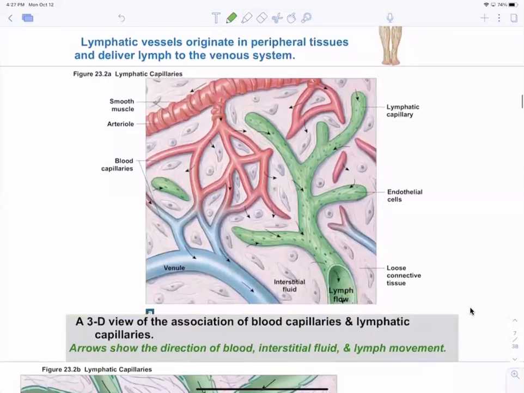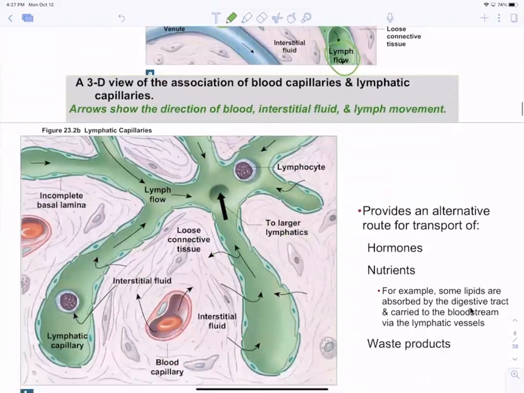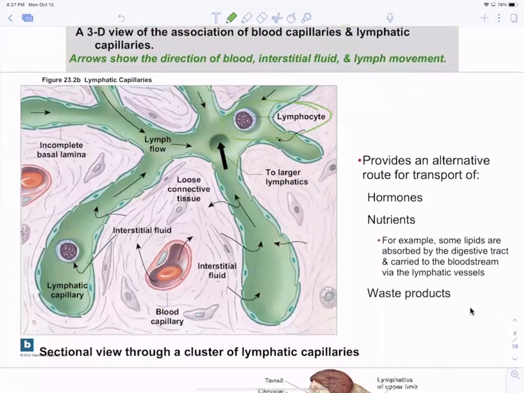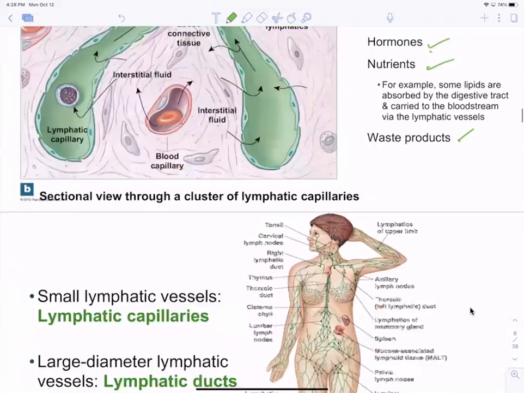This is kind of showing you a little bit deeper. So, right, things are leaving and some is going here. Obviously, some is coming back into the venous end, but other lymph fluid is going to then go through the lymphatic system. There are lymphocytes in here, sometimes hormones and nutrients, sometimes waste products.